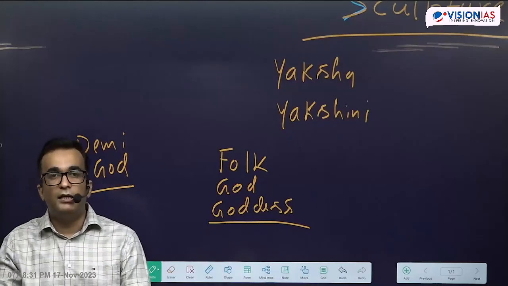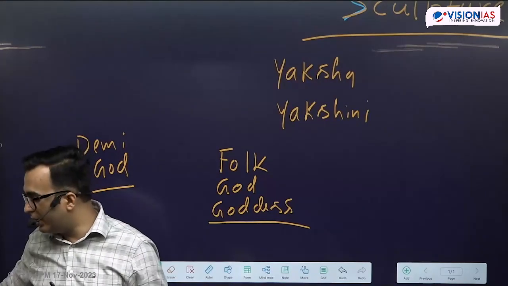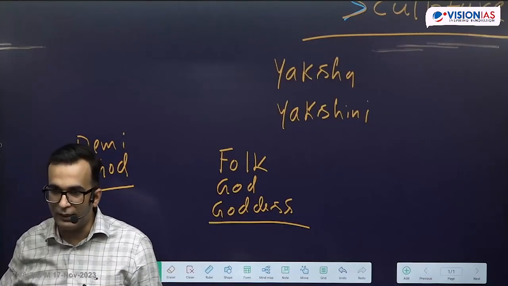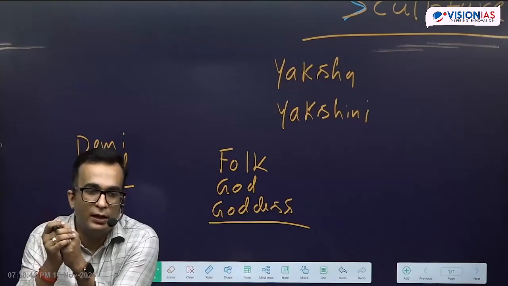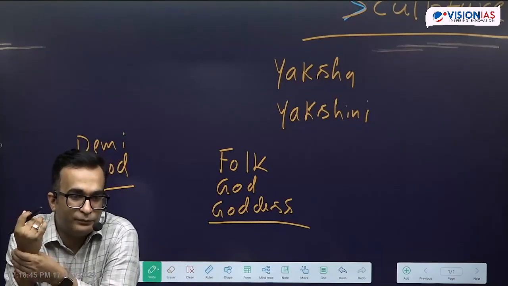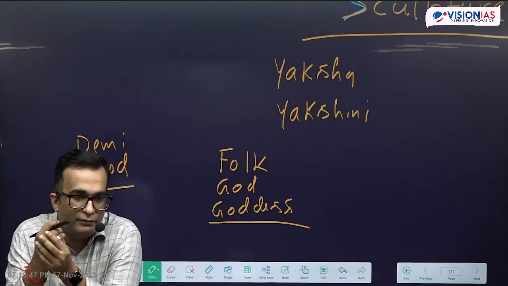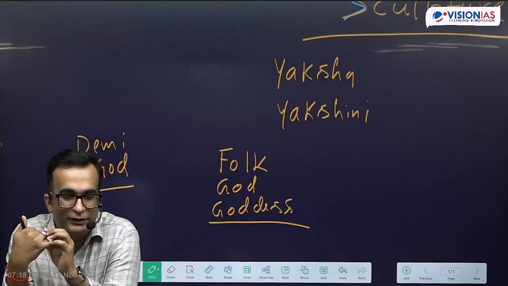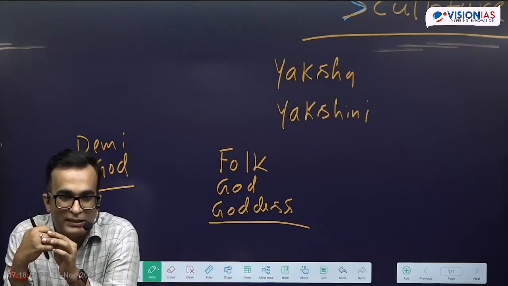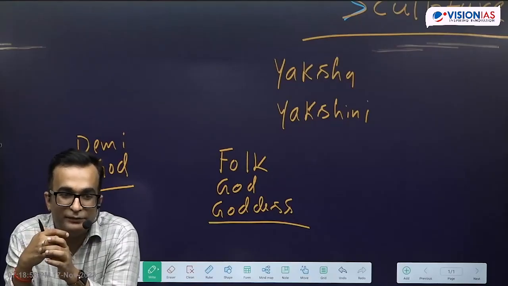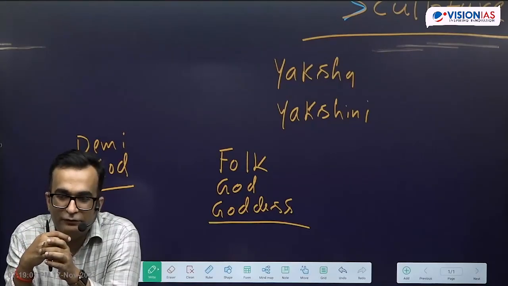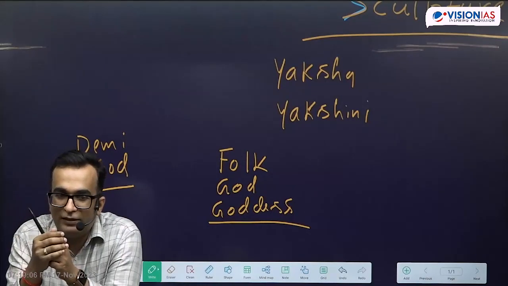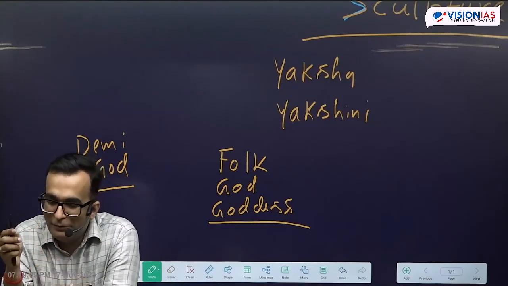Then Yakshini is mentioned as a demigoddess in Hinduism, associated with fertility and acquisition of wealth. Now, have you heard about the concept of Kuber also?